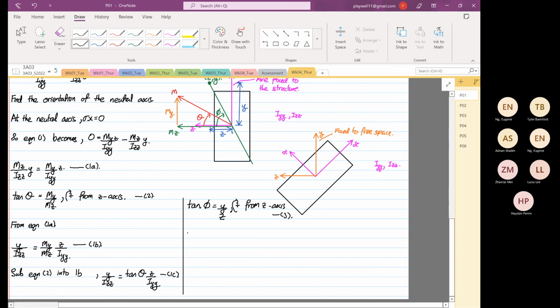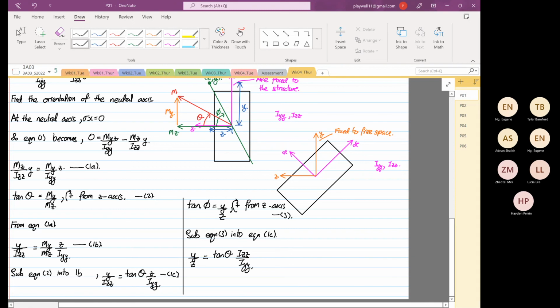So we are going to substitute equation 3 into equation 1c. So if we look at 1c, we can rearrange it to be y over z, and this is equal to tangent phi, or tangent theta, sorry, is equal to Izz over Iyy.